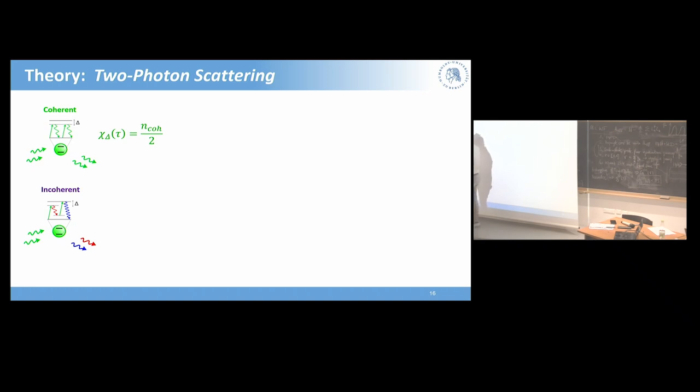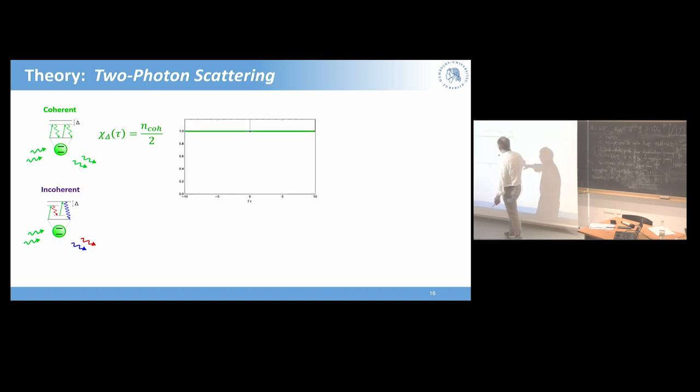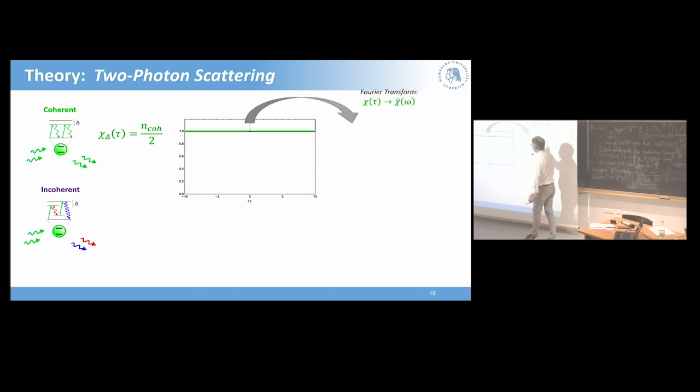Okay, so this is the amplitude for our coherent process. So if I sketch that as a function of waiting time, it's just a flat line, right? So this is chi of tau. It doesn't depend on tau. If we now go to the frequency picture, so I Fourier transform this amplitude and ask what is the amplitude as a function of the frequency, then a flat line gives the delta function.